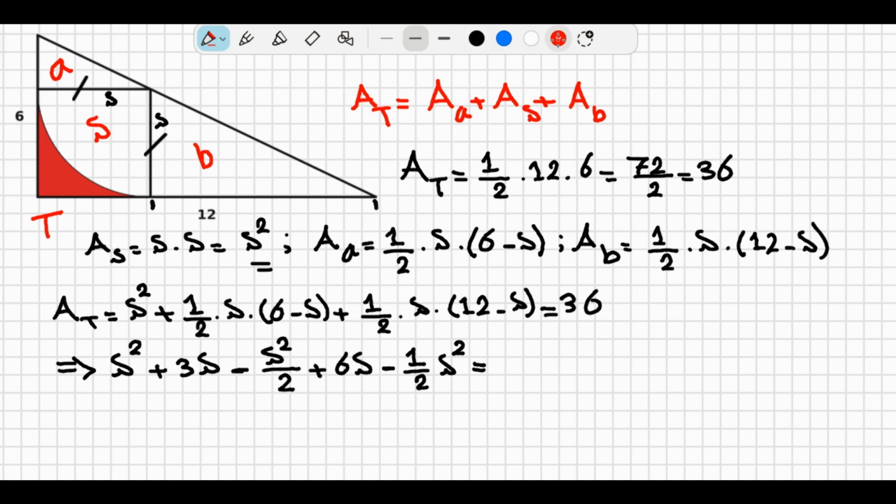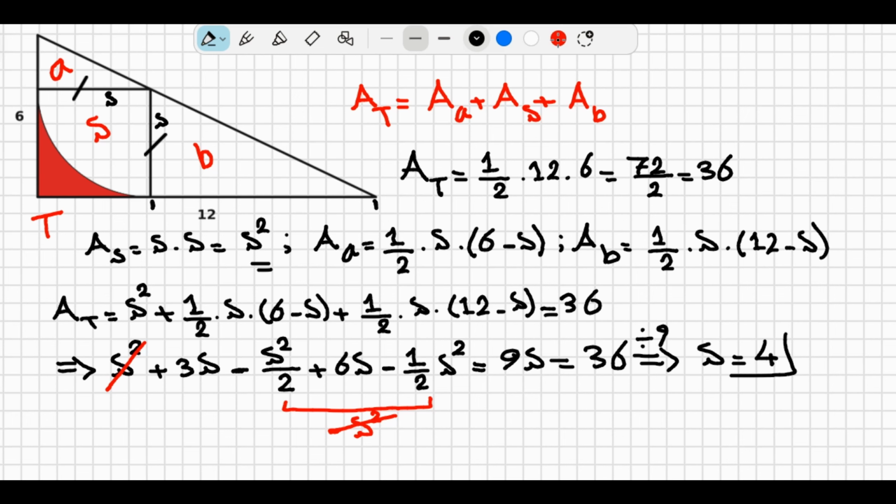As you can see, S squared here and here, minus S squared, cancels out, and we will be left with 3 and 6. 9 times S equals 36. Then divide both sides by 9 and S will be equal to 4.